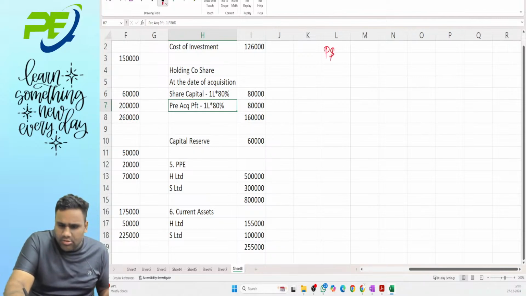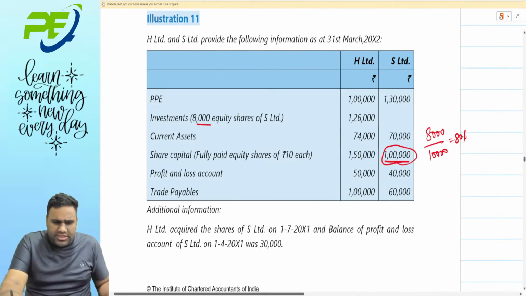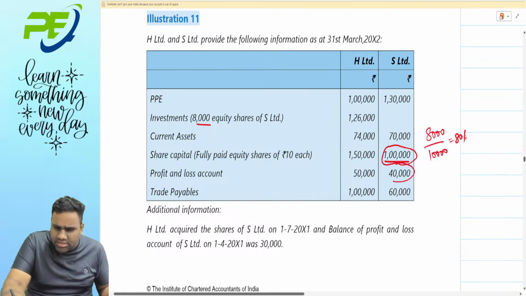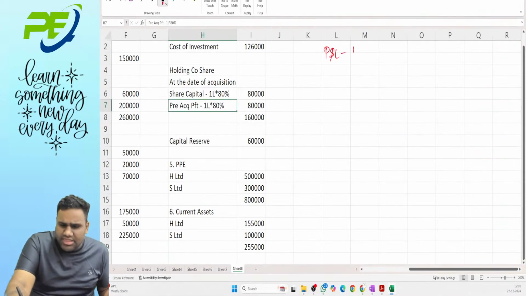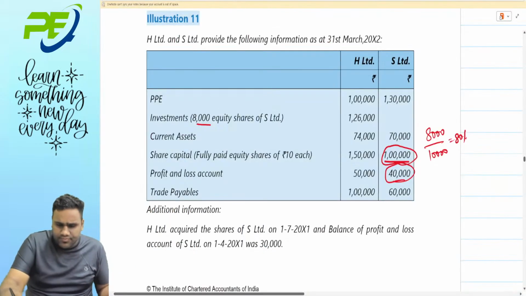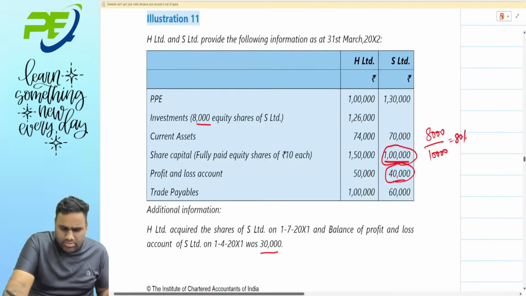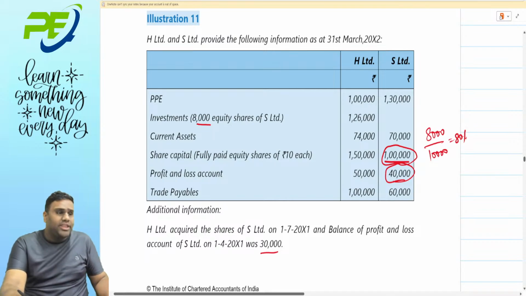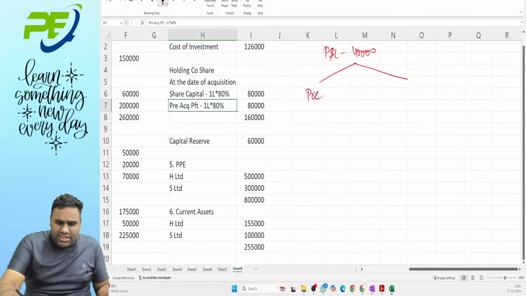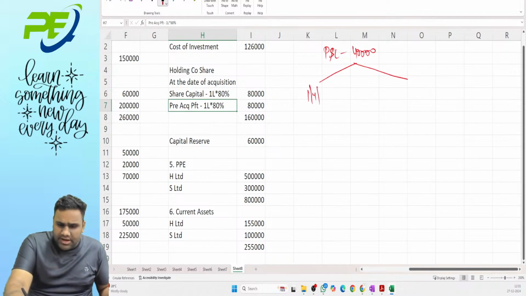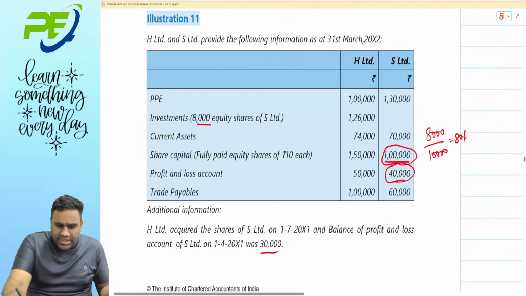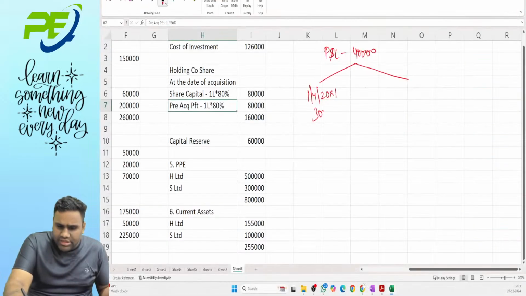So PNL. If you see, the balance in PNL is 40,000. This is the balance sheet figure. In that, at the time of acquisition, it was 30,000. Sorry, this is up to 1st April 20x1, so this is 30,000.